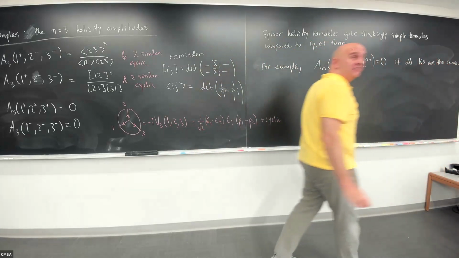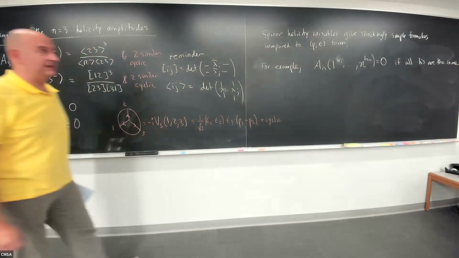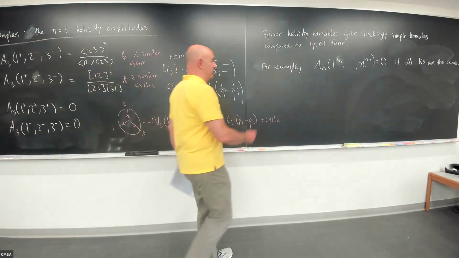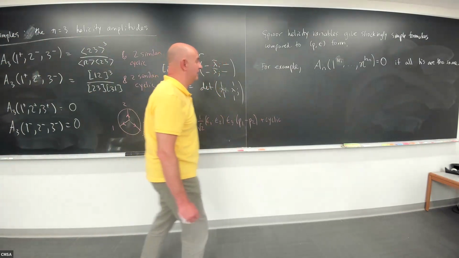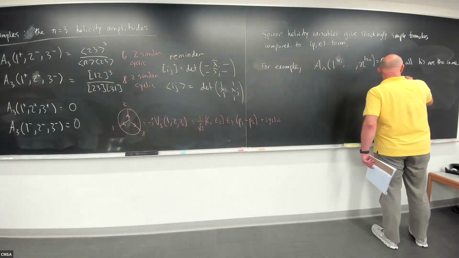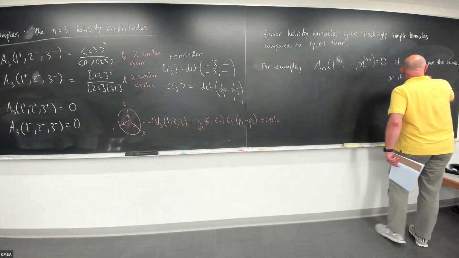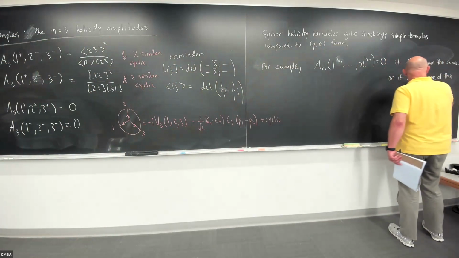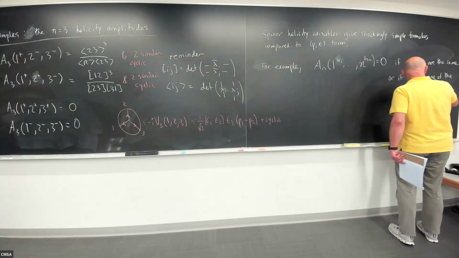So this is a fact that's not immediately obvious from Feynman diagrams. You can prove it in a couple of different ways, but I'm just stating it here as a fact. Or if all but one of the h_i are equal.